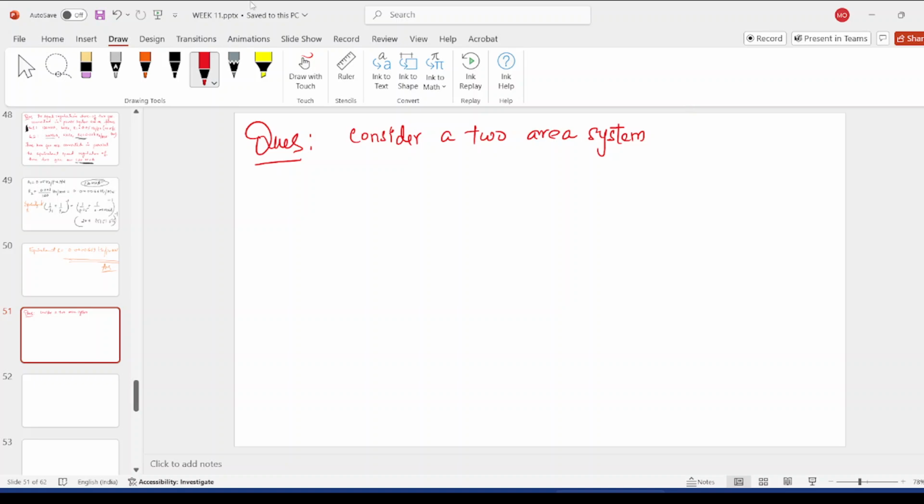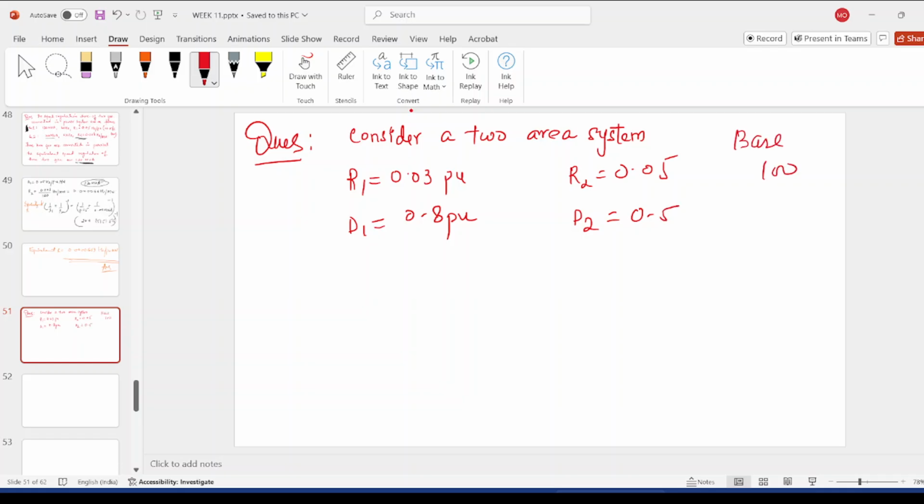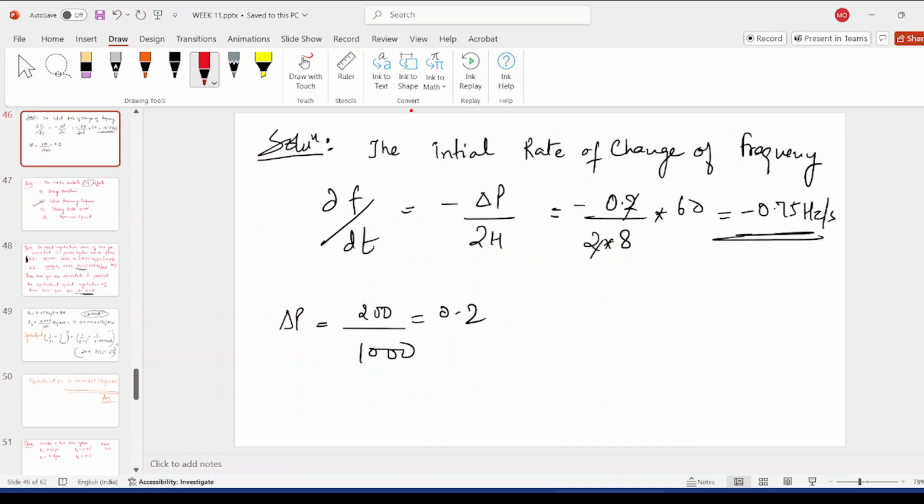We have solved this question here. Actually the data is R1 is equal to 0.03 per unit. We initially solved it. We have to calculate another thing here, which I will just write for you. And the base is 100.